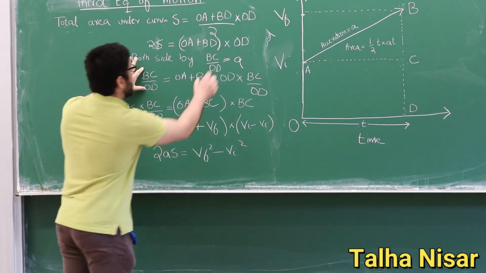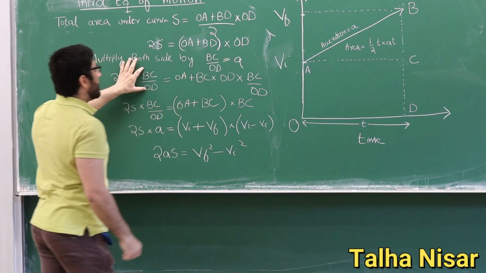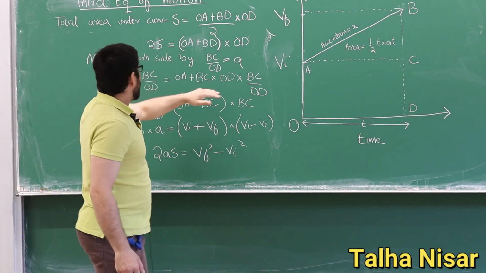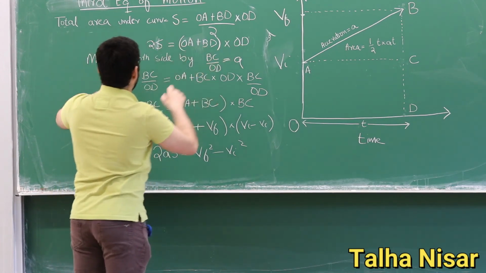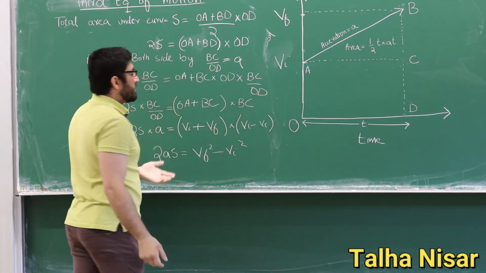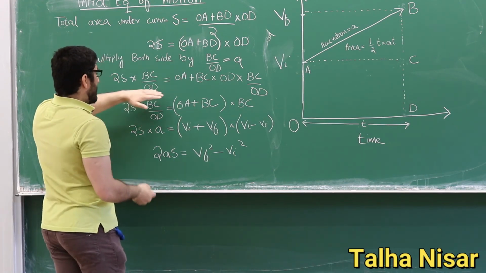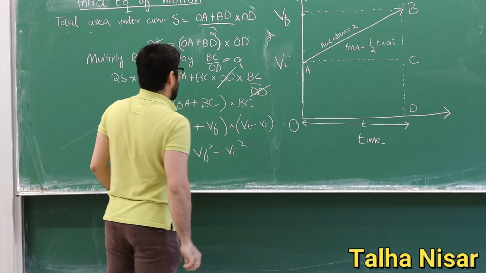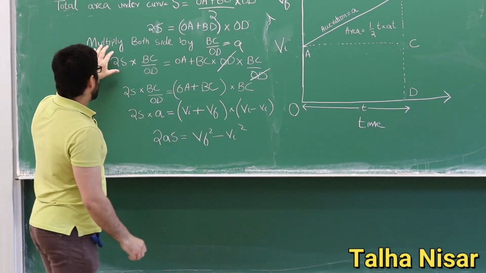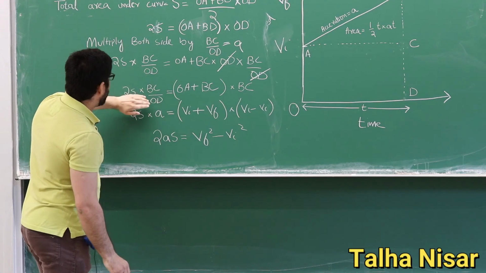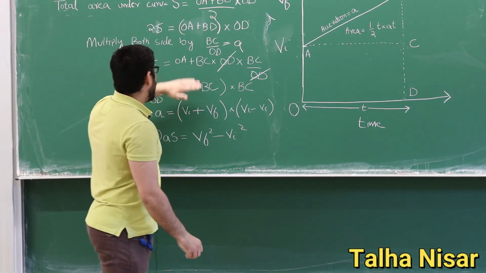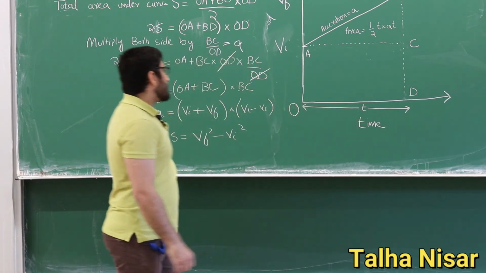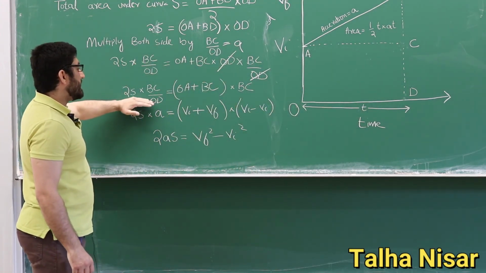We multiply both sides by it, which doesn't make any difference to the equation. When we multiply, these two are cancelled. So the remaining equation is 2S, and then what we multiplied, and then this part, and only this OD. This OD is cancelled. Now we finally have this equation here.